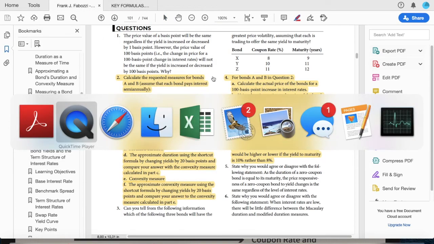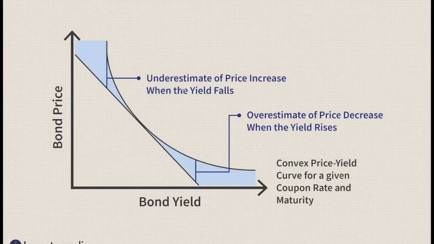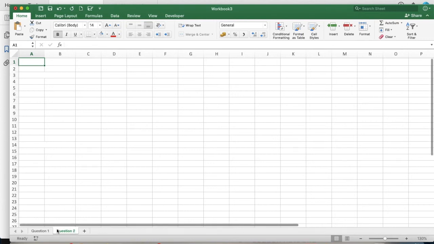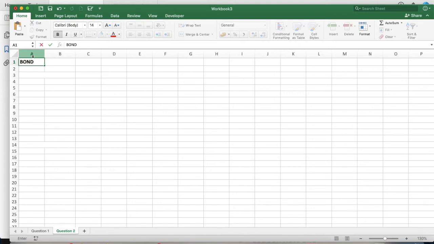So let's go to Excel. So we have a new sheet called question number 2, and we start by the bond A. Remember that the yield to maturity was equal to 8% before the increase, which means that we can convert it into 4% semi-annual yield to maturity.